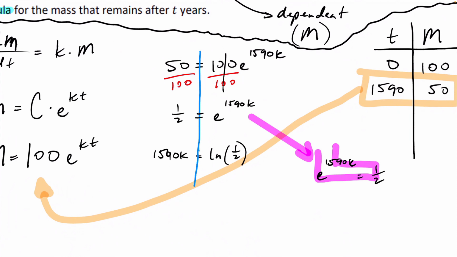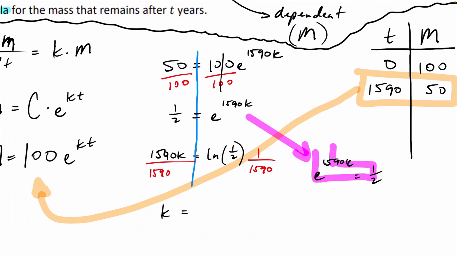Natural log of 1/2 equals that. Divide by 1,590. So we get k equals 1 over 1,590 times natural log of 1/2.